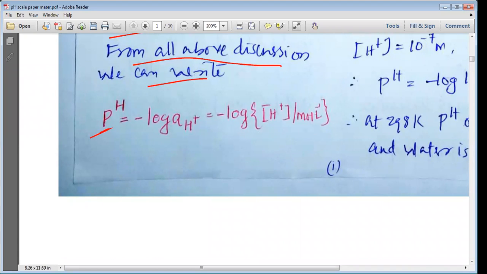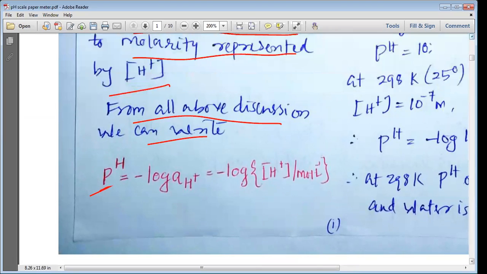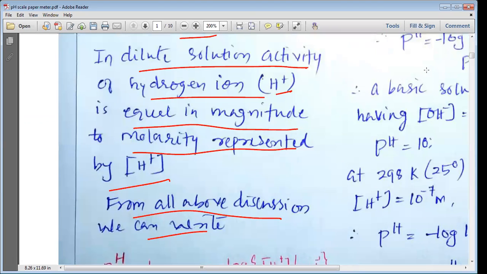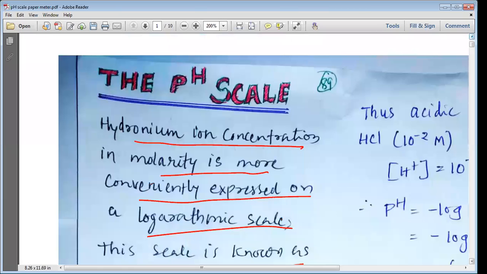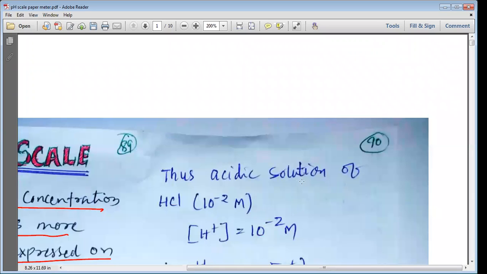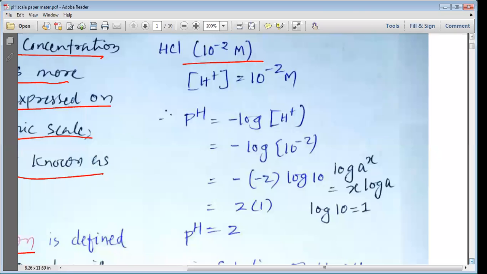Now let's move forward and understand something else. Thus, for an acidic solution of HCl having a concentration of 10 to the power minus 2 mole per liter, we can write the concentration of H plus is equal to 10 to the power minus 2 mole per liter.